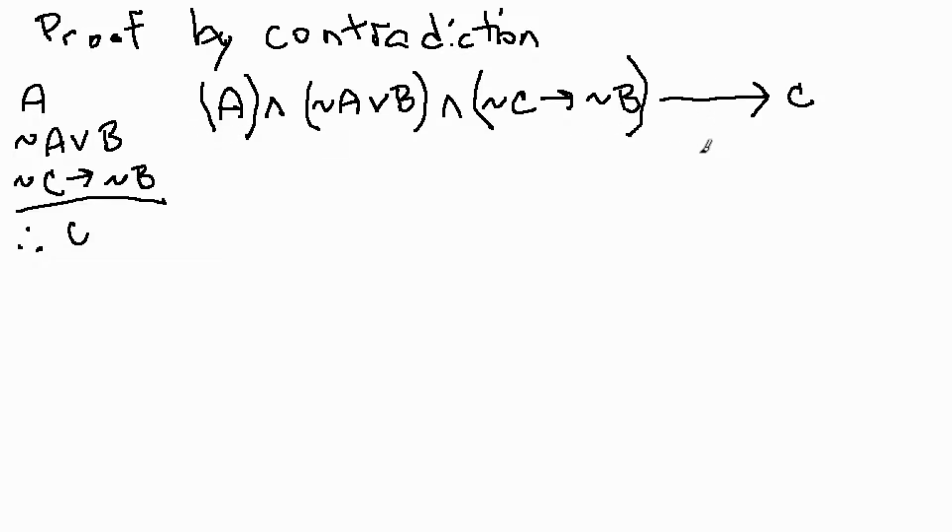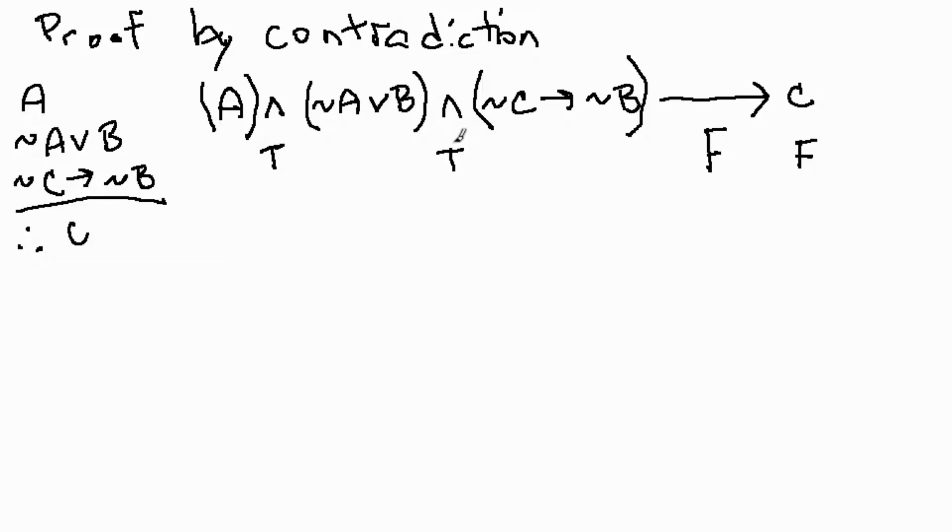So what that means is we come over here and we say, let's suppose that the implication is false. Now, if the implication is false, that means that everything over here on the left is true and everything over here on the right is false, namely our conclusion C. Now, if everything over here on the left is true, I'm going to write a true under each one of these and signs.